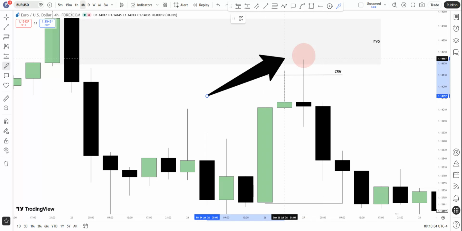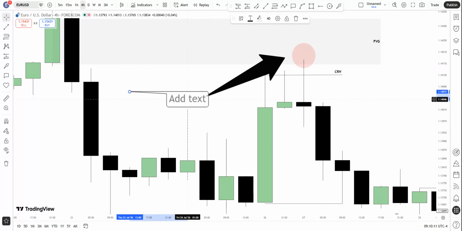Now we have what we call the classic CRT time, which is the 1 a.m. CRT, and also we have the 5 a.m. CRT, and also we have the 9 a.m. CRT, and this CRT occurs during the New York Q zone.